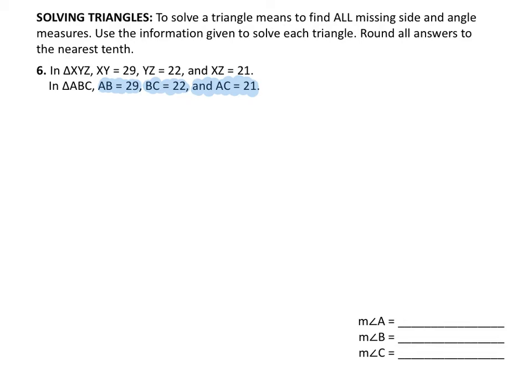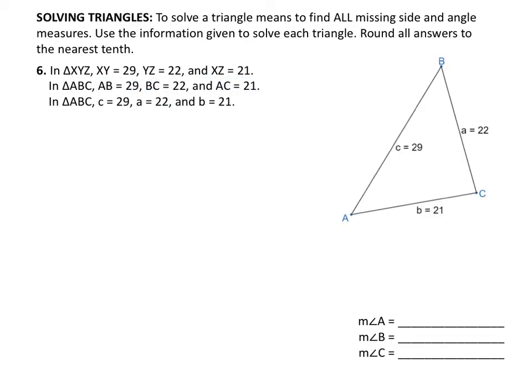Now remember, when you change this, side AB becomes lowercase c, side BC becomes lowercase a, and side AC becomes lowercase b. So here, let's look at that. Okay, that's much better. I like that.